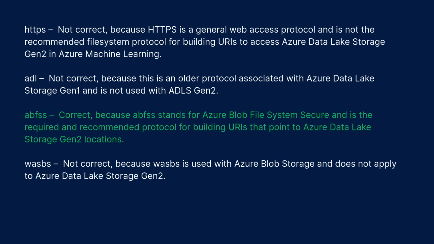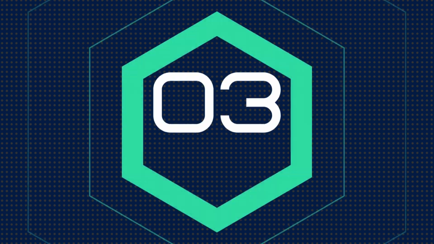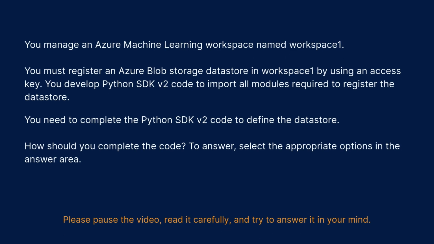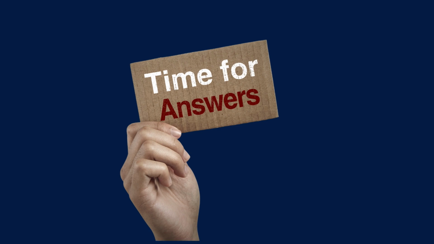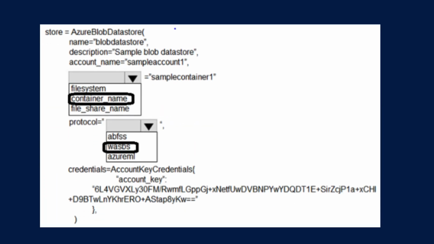Let's move on to the third question. This question is divided into two slides. Pause the video and read the full question and try to answer it in your mind. Alright, now here the answer is container name in the first box, and then in the second box the protocol which we use is WASBS. Why the container name?